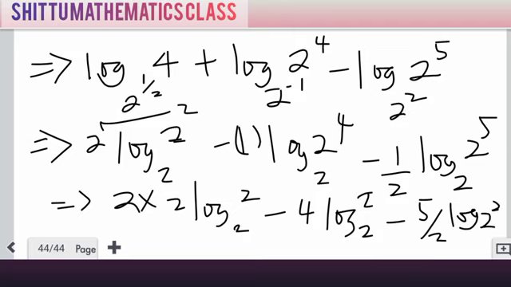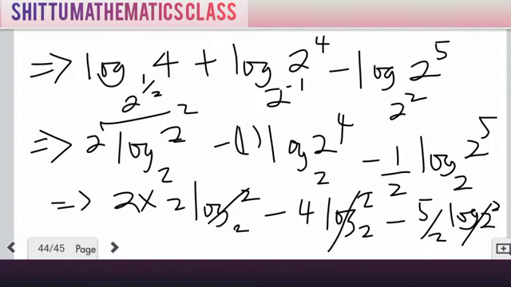So now from there, what's the next thing we are going to do? We are going to see that 2 times 2 is going to give us 4, and log 2 base 2 is going to be 1. So this is going to be 1, here also it's going to be 1, and this one also is going to be 1 here. So therefore, what do we have here? We have 2 times 2, that is 4.